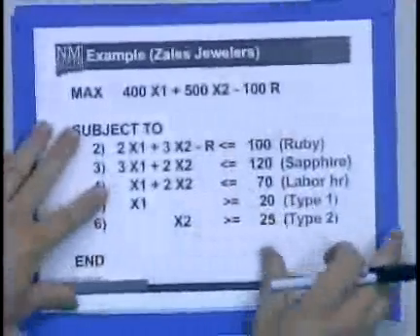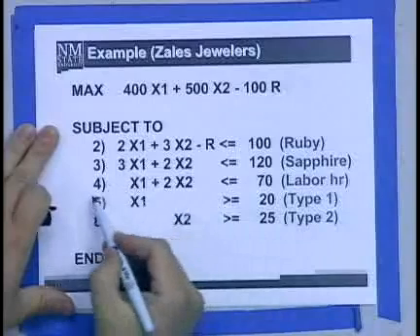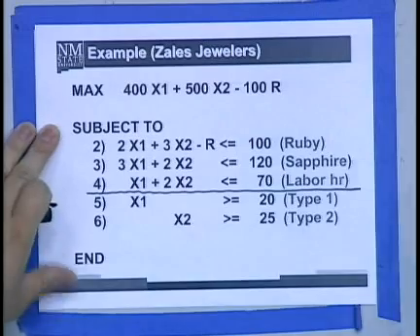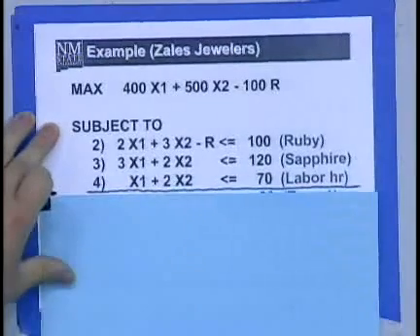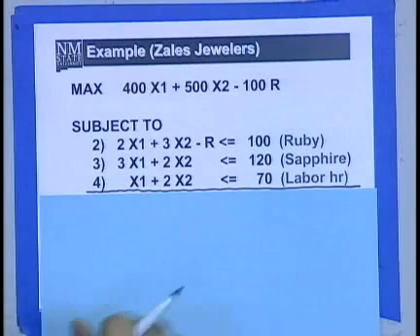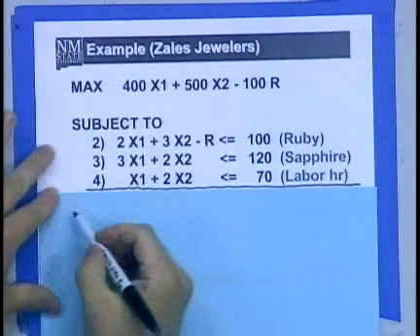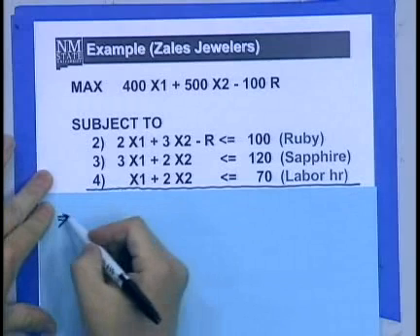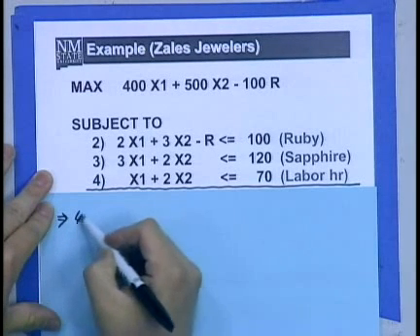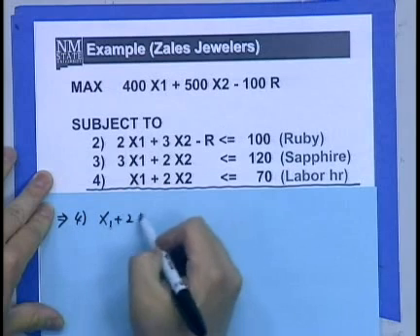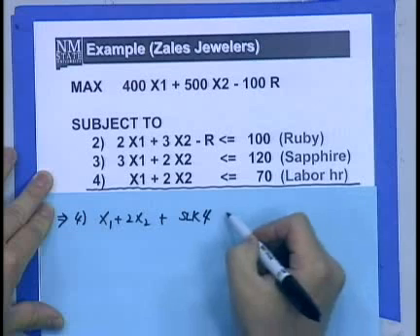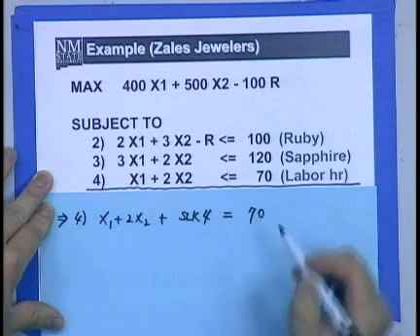Here, the labor hour constraint is number 4, right? Again, by introducing the slack variable, we have equality constraint, right? x1 plus 2x2 plus slack 4 equals 70. Is that right?